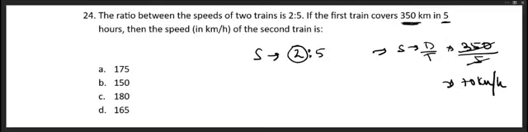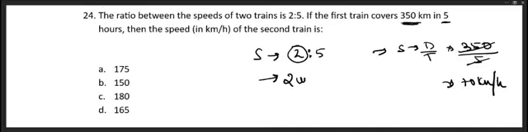According to the question, the speed of the first train is 2 units, and we have to find the speed in kilometers per hour of the second train.